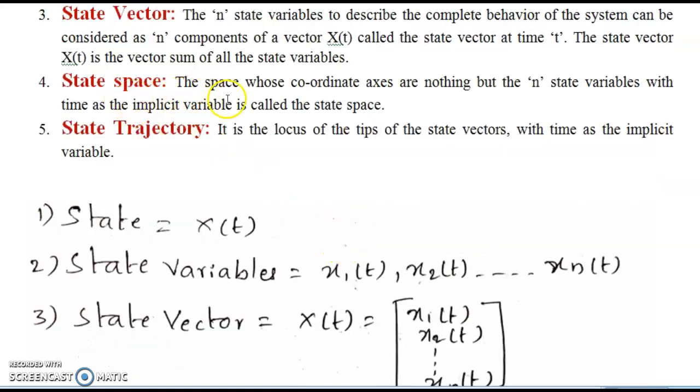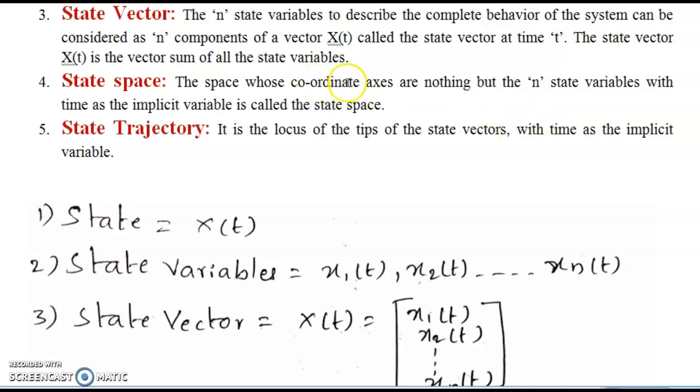Next, state space. It is the space whose coordinate axes are the n variables. What does it mean? You have already studied in field theory coordinate systems: rectangular, cylindrical, spherical.